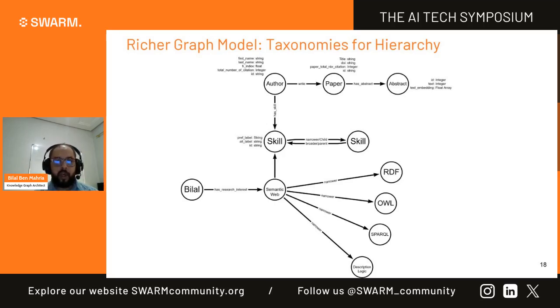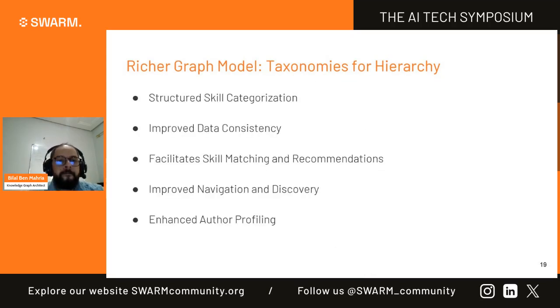Because if the end user wants to find an expert in the field who works on RDF, OWL, and SPARQL technologies, as we have already included our taxonomy in this graph, and the end user types I want an RDF expert, and Bilal has a research interest in semantic web, and semantic web has a narrower child, RDF, I can recommend experts to people based on the skill taxonomy.